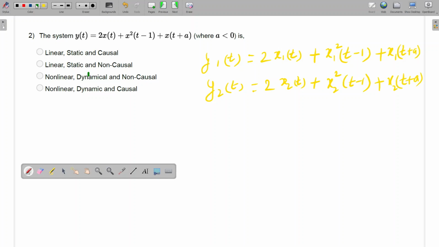Now what is y3 of t? For y3 of t, the same transformation we will apply to x1 plus x2.